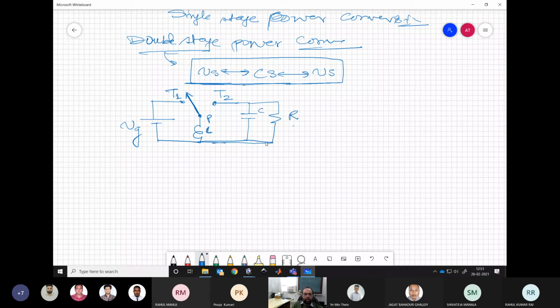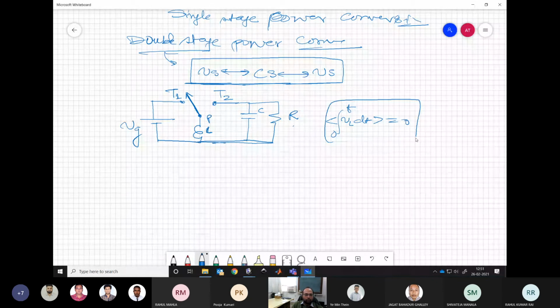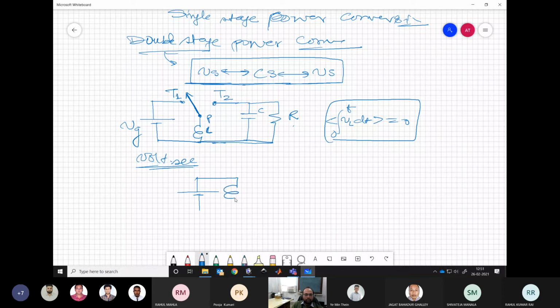So now let us see what this converter is doing. So again, our basic principles are same. We have to have this maintained, the volt second balance. Now if you apply that volt second balance, what you will see that first it is getting connected to the source, let us say.